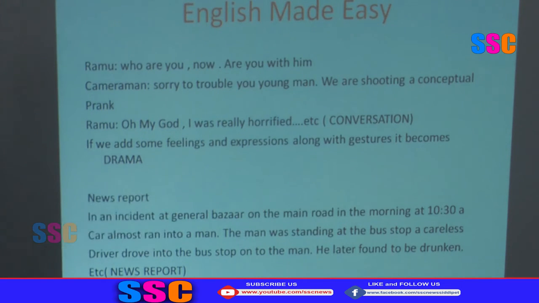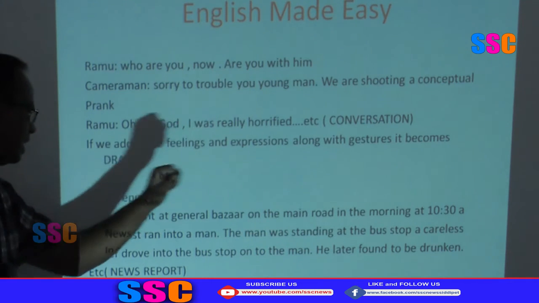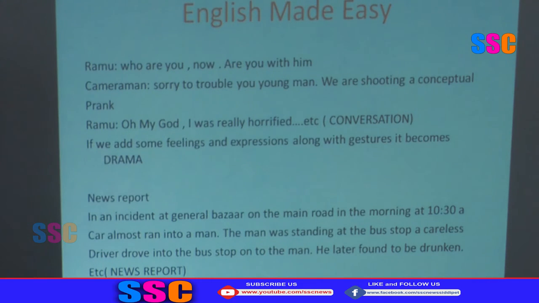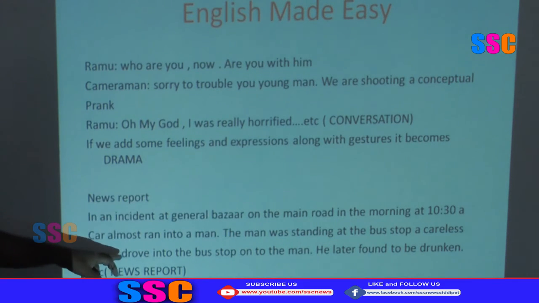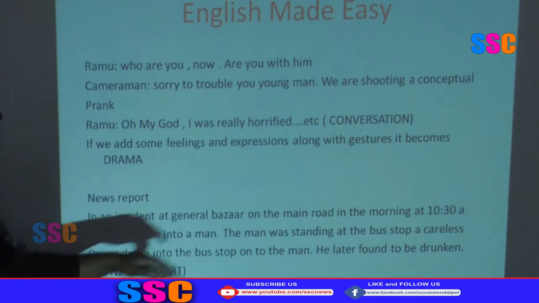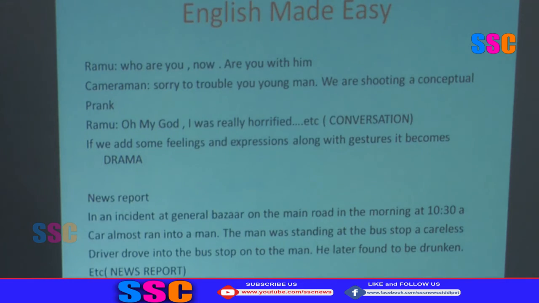Where? At General Bazaar on the main road. At what time? At 10:30. Okay. What happened there? How did it happen? A man was standing at the bus stop. A careless driver drove into the bus stop onto the man. He was later found to be drunk. So this becomes your news report.